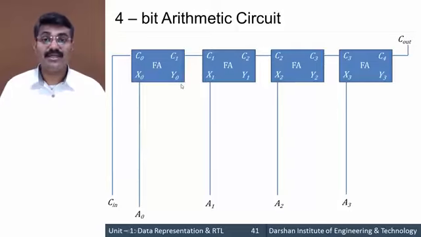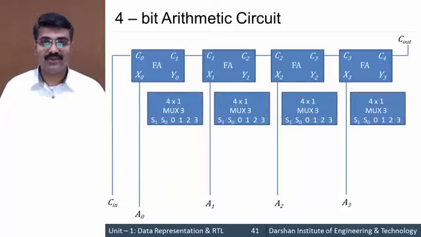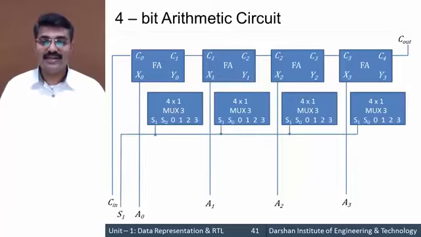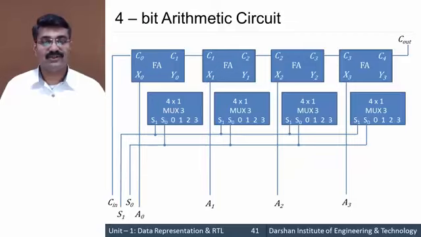Now let us discuss input Y. Y is a multiplexed input, so for that we require multiplexers. A 4x1 multiplexer we are taking. A 4x1 multiplexer means we require 2 select lines, S1 and S0, and 4 inputs.